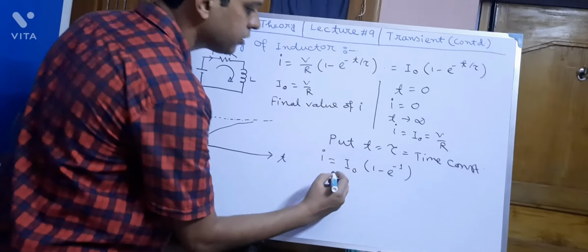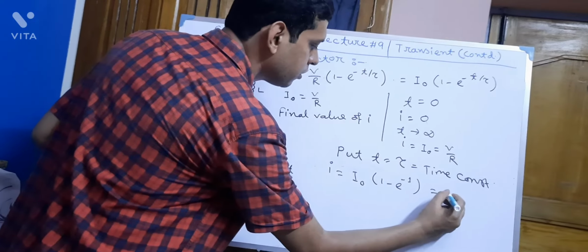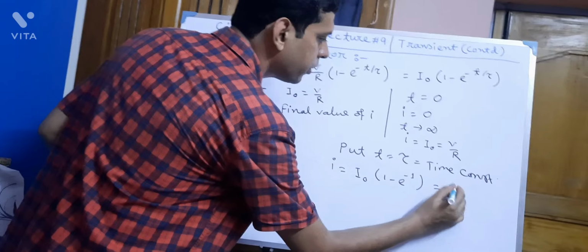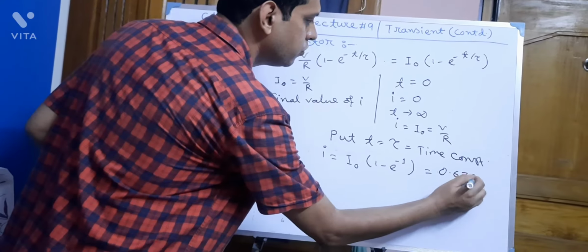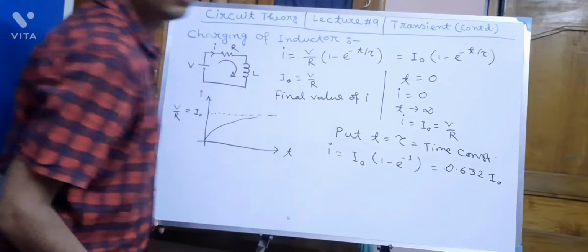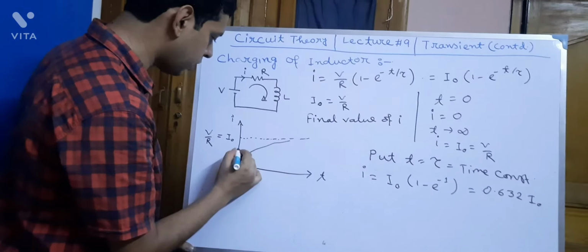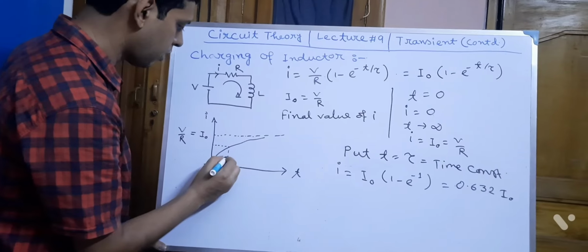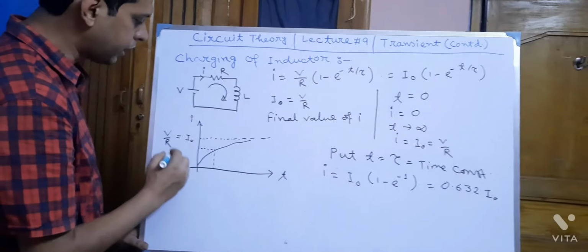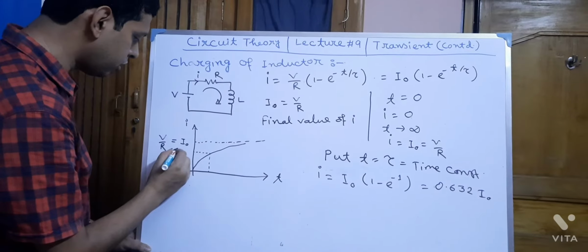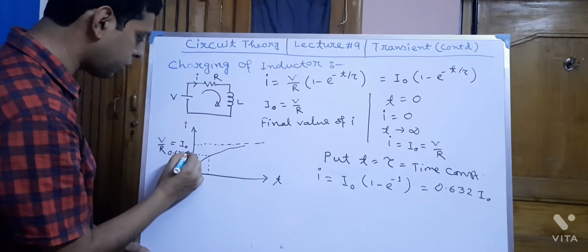Now 1 minus e to the power minus 1 means 0.632 I0. So at t equal to tau, the magnitude of i will be 63.2% of the final value.